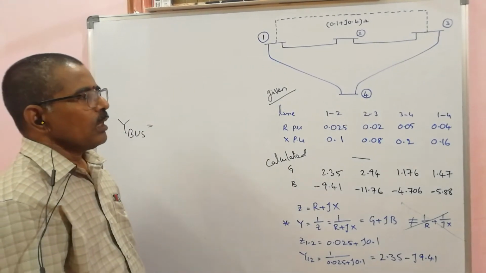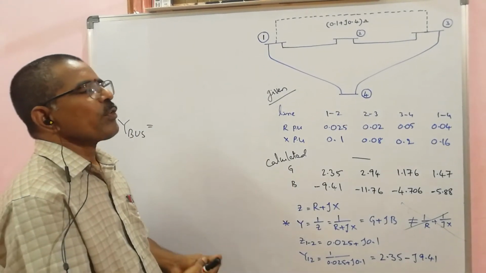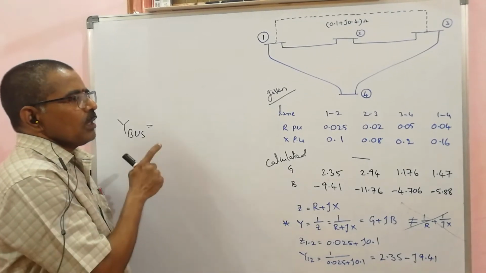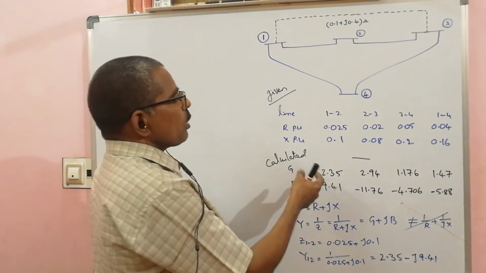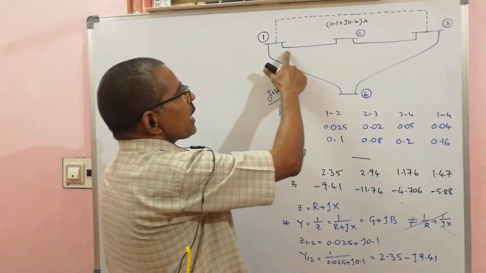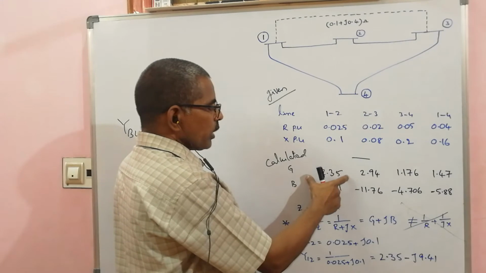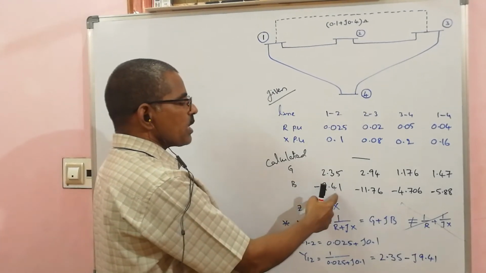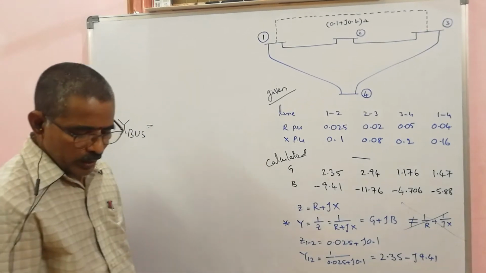For off diagonal transfer admittances or mutual admittances, Y12 is the negative sum of the admittances directly linking 1 and 2. So you take the negative: minus 2.35 plus j 9.41.